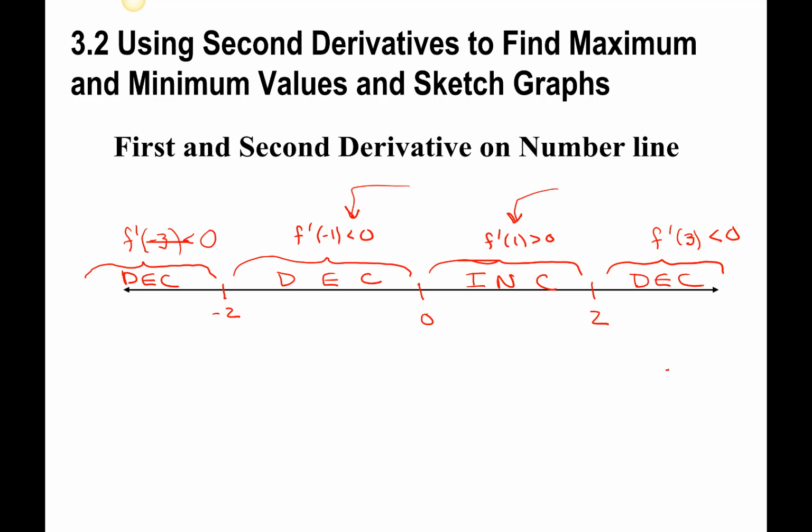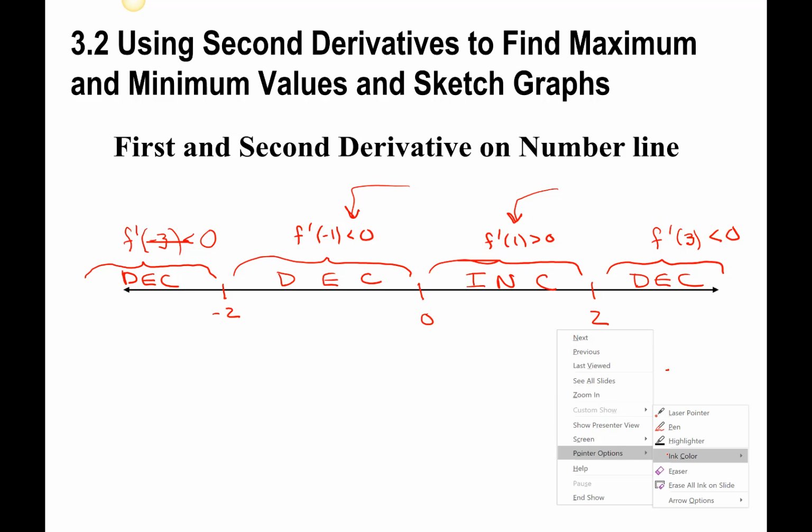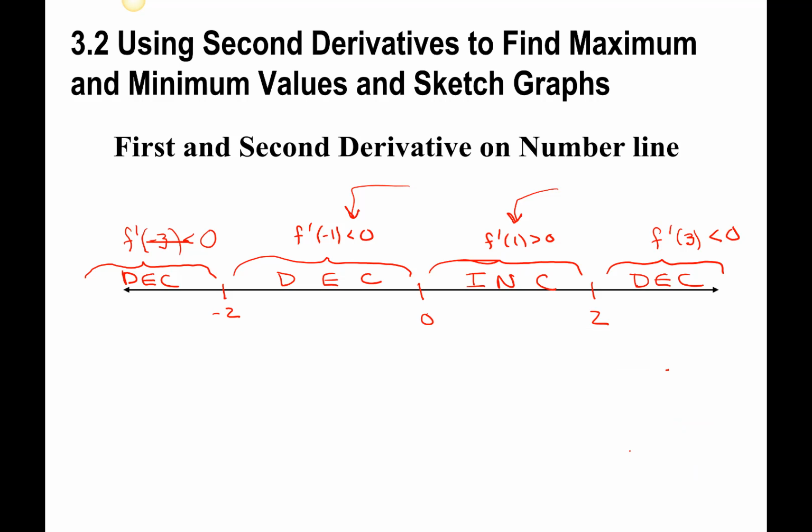Next thing is, I'll change the pen color here. Let's do our second derivative. 2 square root of 3 over 3. Let's see. 2 times the square root of 3 divided by 3.